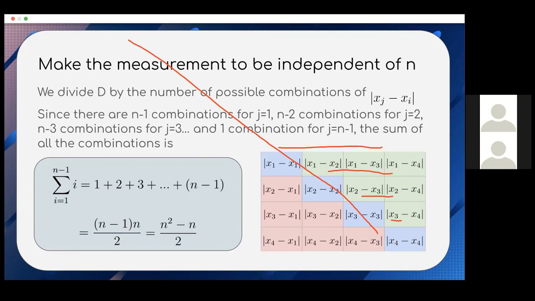So if we imagine we are generating with n possible outcomes, the total combination will be 1 plus 2 plus 3 all the way to n minus 1, which is what this summation stands for. And there's a simpler way to express it, which is n squared minus n over 2.